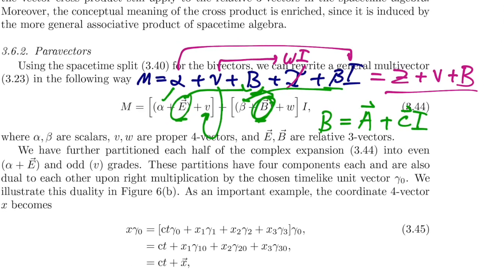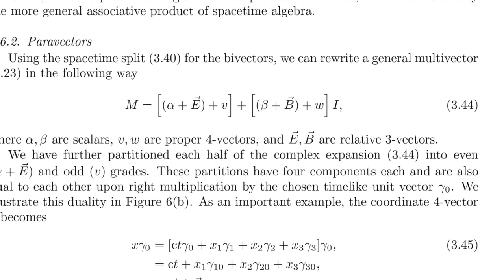B and E are both relative 3 vectors, but B picks up this duality. So that's why E plus B I, this general bivector, I'll call it D, can always be decomposed into the relative 3 part and another part that is dual to another relative 3 vector. And then W being a vector, this is a trivector piece.